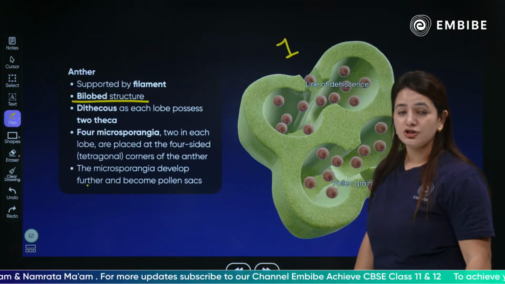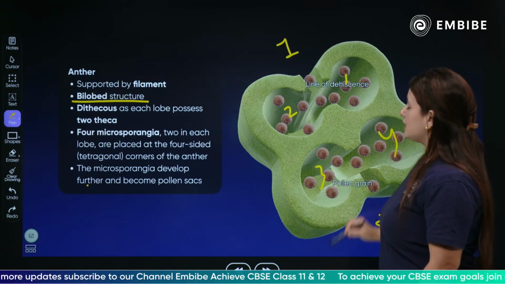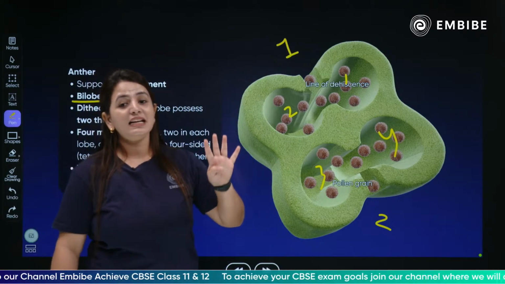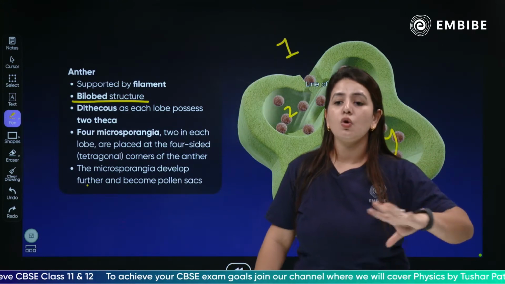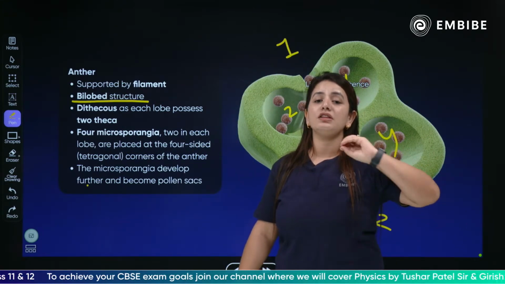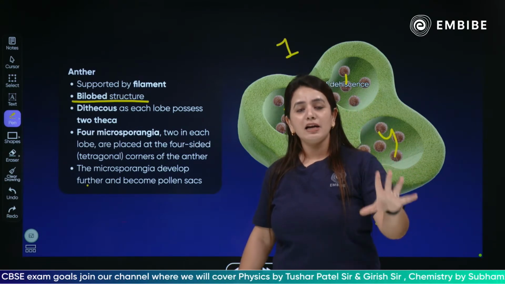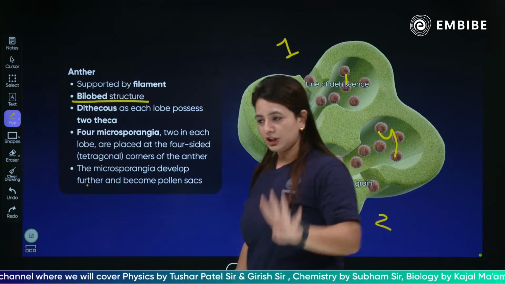What is microsporangia? 1, 2, 3, 4. These are the 4 microsporangia present in the anther, which eventually will lead to the formation of the microspore. So the anther is a bilobed structure which has 4 microsporangia.